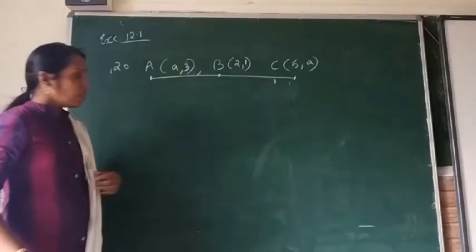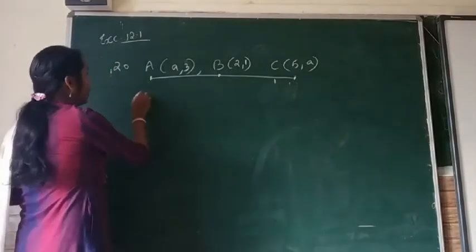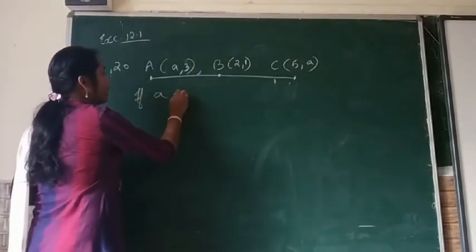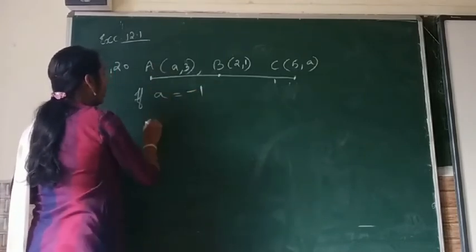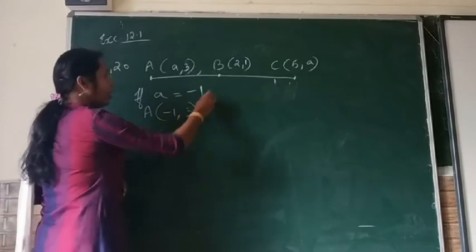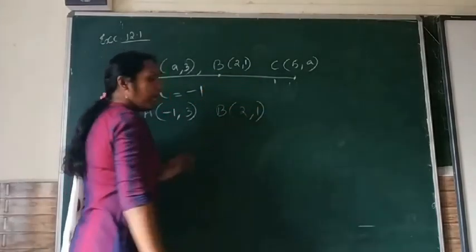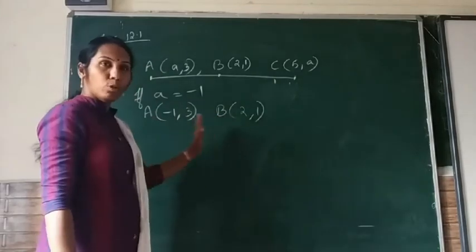We can also substitute the value for a as minus 1. So let us write, if a is equal to minus 1, then the coordinates of A are minus 1, 3 and given coordinates of B are 2 and 1. Any 2 points we can take to apply the 2-point form.